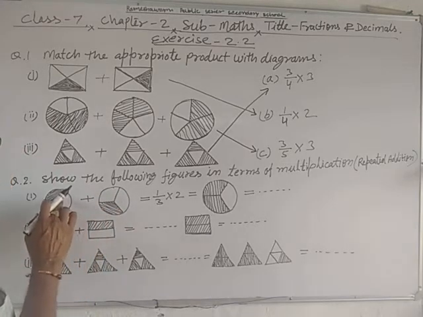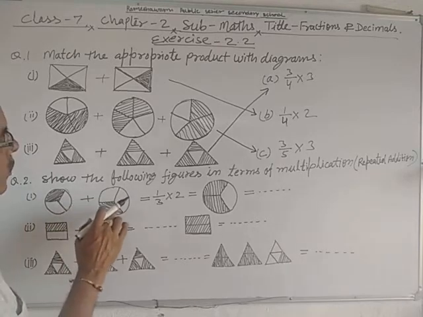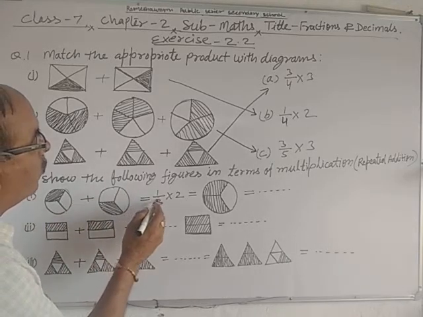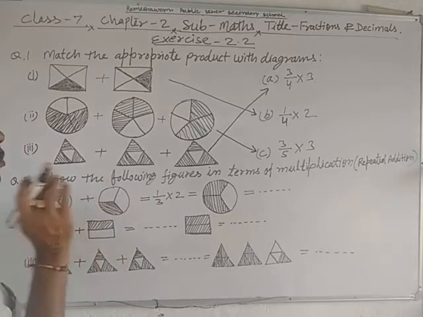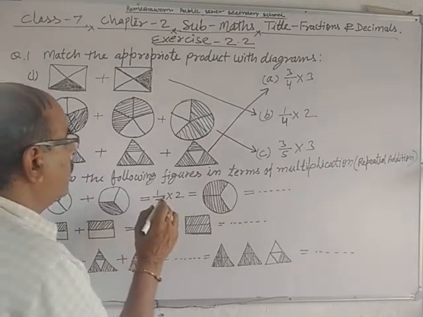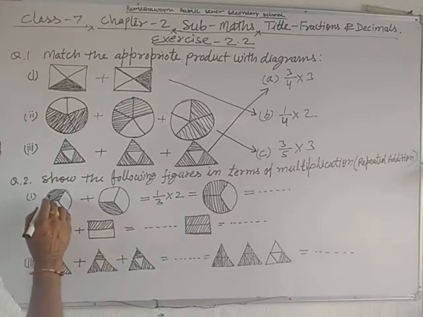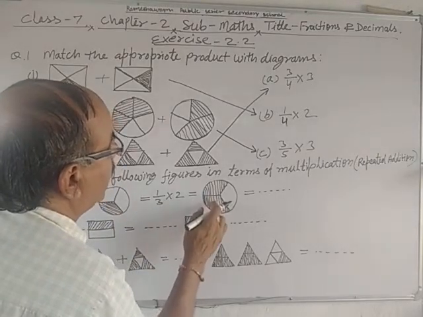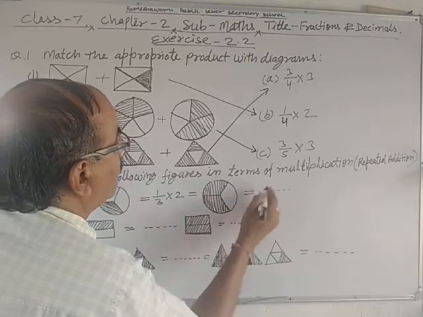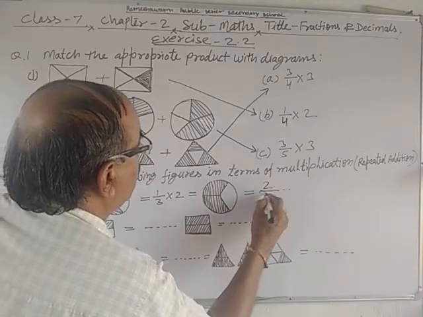It means 1 upon 3 plus 1 upon 3. It means 1 upon 3 into 2. 1 upon 3 into 1 and 2. It means one part and one part, 2 parts, 2 upon 3. So 1 part and 2 parts are shaded, a total of 3 parts. It means 2 upon 3.